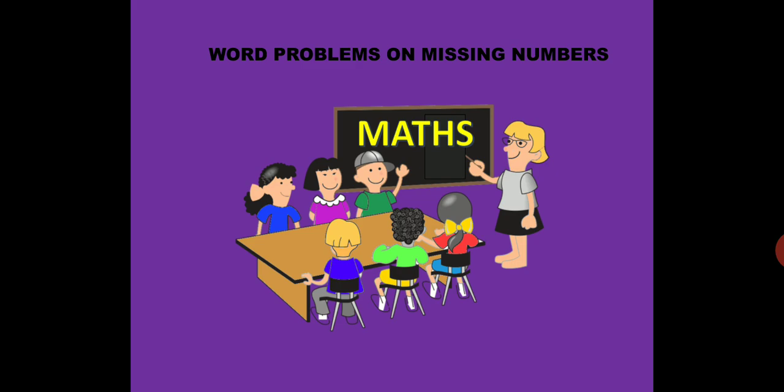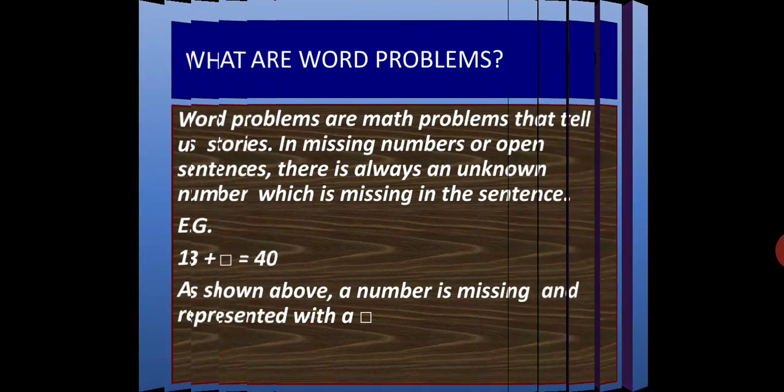We've done word problems on addition, word problems on subtraction, and multiplication. So today's class, we're going to do a combination of all of them. Word problems on missing numbers in addition, subtraction, and multiplication. Are you ready to go?